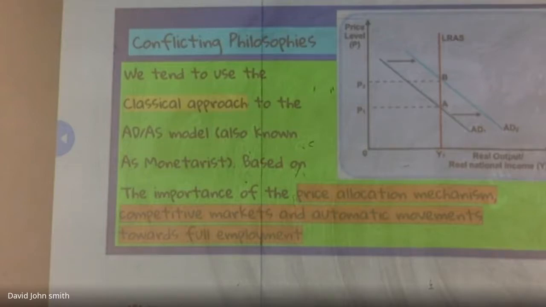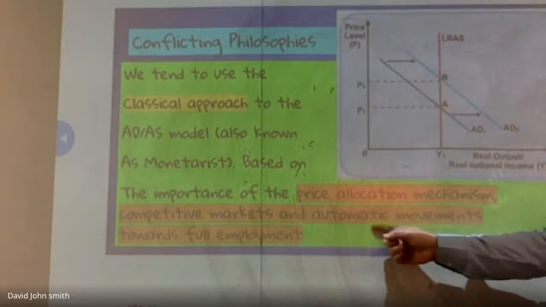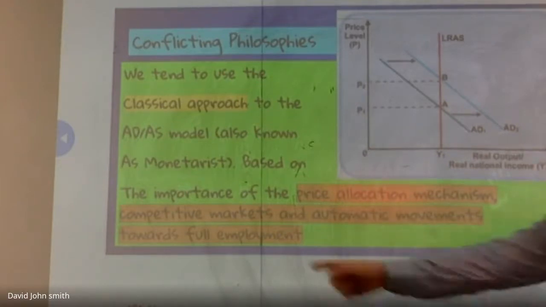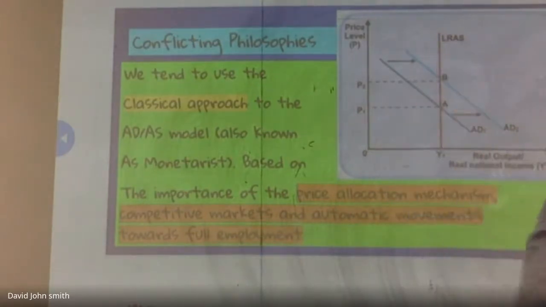So if you want to employ someone for their maximum output for a long period of time, pay them more. In the long run, the economy should be moving automatically to full employment. Wherever your full employment line is on your models, that's where you're supposed to end up in the long run.